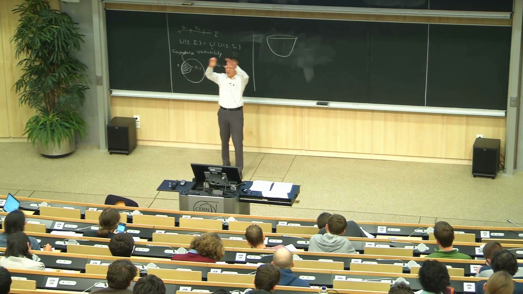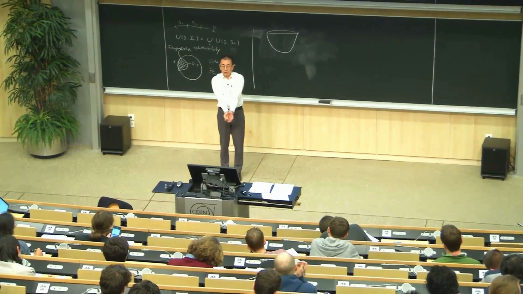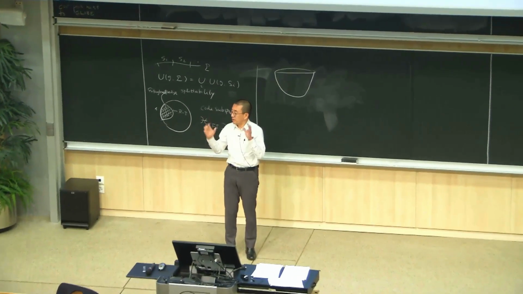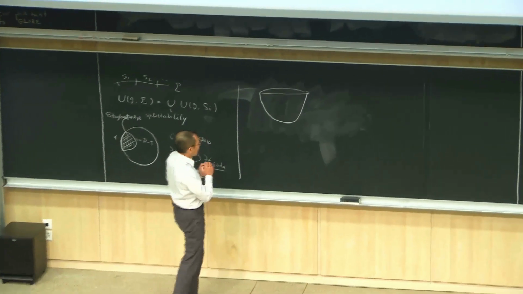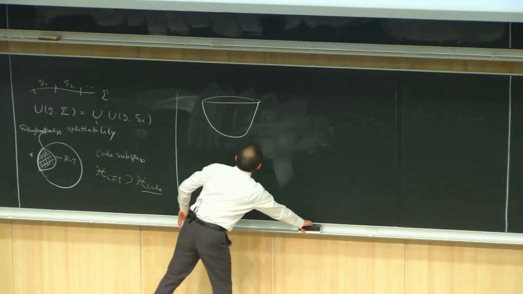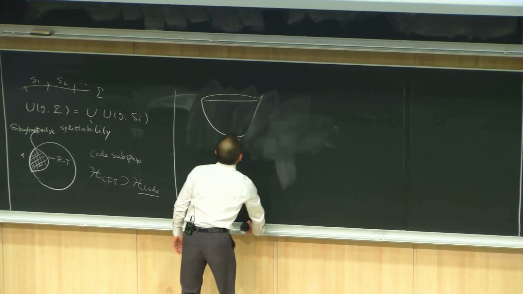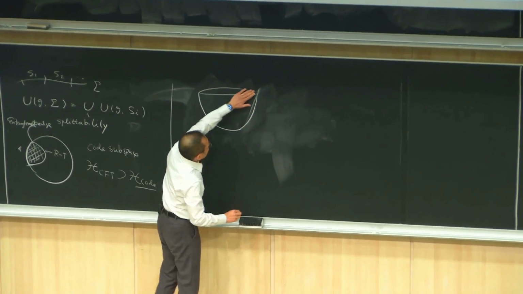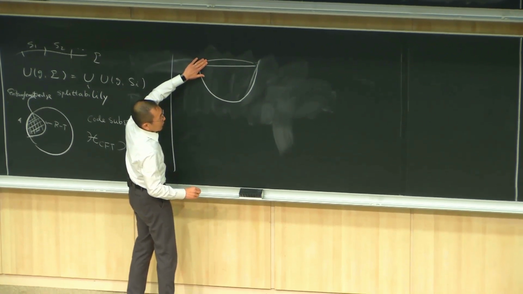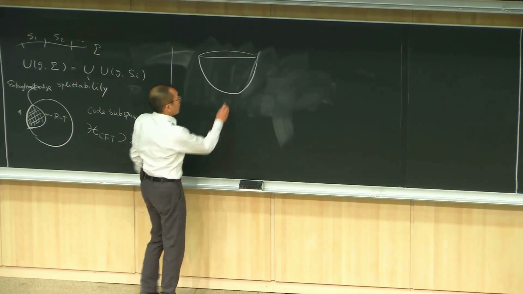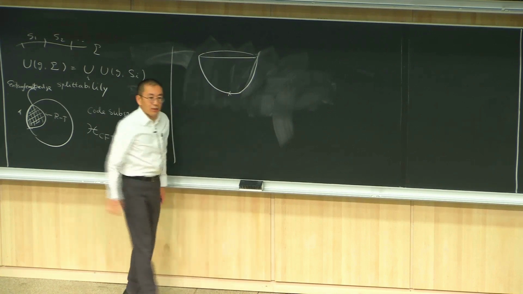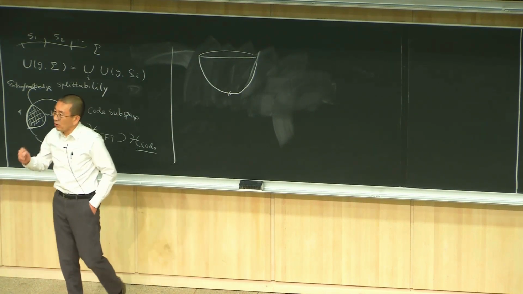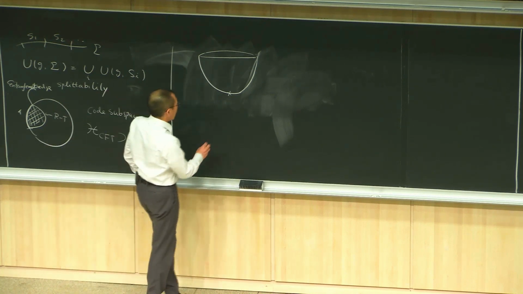Euclidean AdS is a ball, the inside of which you fill in terms of a hyperbolic metric. So you can cut the ball into half, and then you can consider a state. You can construct a state in the AdS gravity by applying some local operator at the southern edge, the south pole of this geometry.